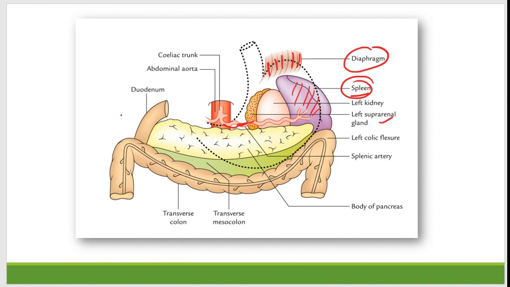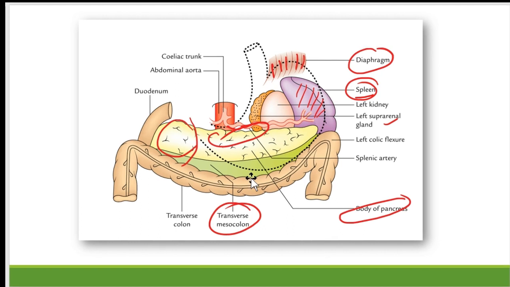Understand? Next is the body of the pancreas. So this is the head of the pancreas and this is the body of the pancreas. These are the structures present just posterior to the stomach, so this forms the stomach bed.